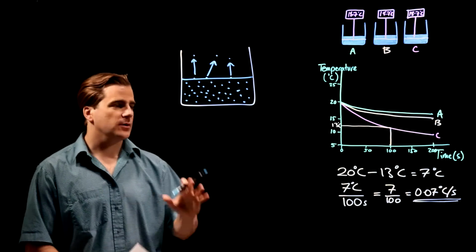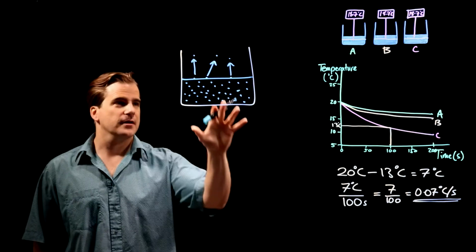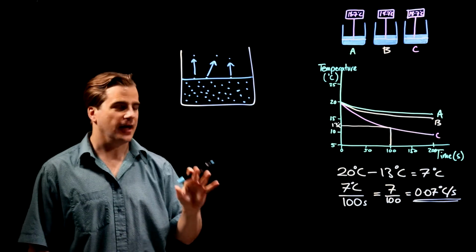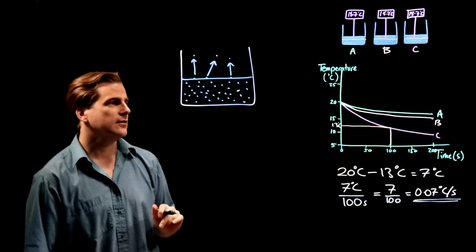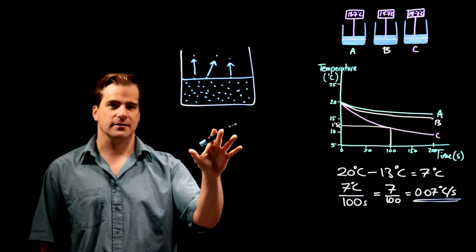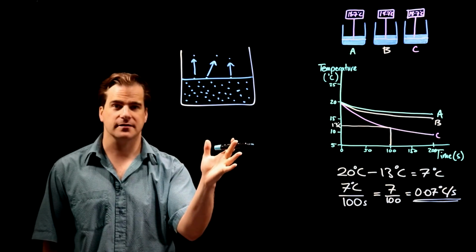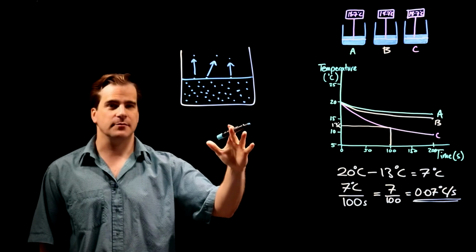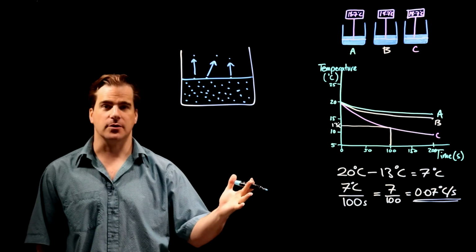Okay, well that's the end of the question, but I just want to talk about this a bit more because it's interesting. Have you ever wondered why a liquid can evaporate, why water evaporates and turns into a gas at a temperature much less than its boiling point?